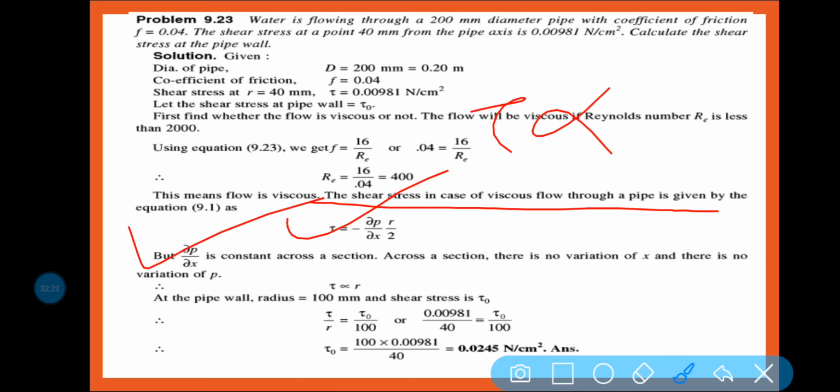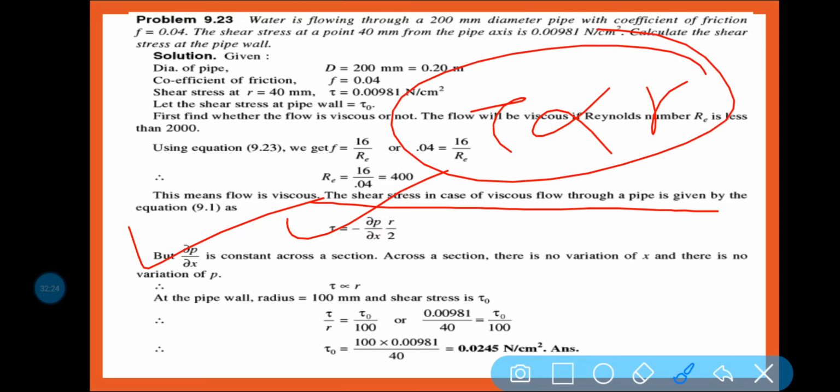So shear stress is proportional to small r, and tau by r is equal to tau naught by 100, because at the pipe wall the radius is equal to 100 mm, since the diameter is given as 200 mm. So the radius is 100 mm, and the shear stress is tau naught at the pipe wall, the maximum shear stress occurring there. So tau by r is equal to tau naught by 100.